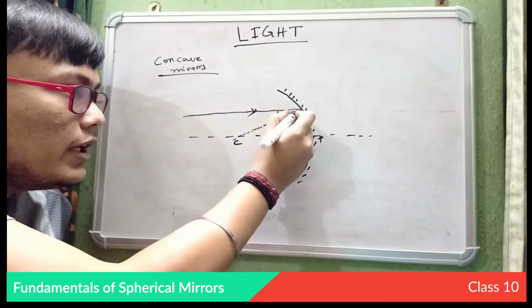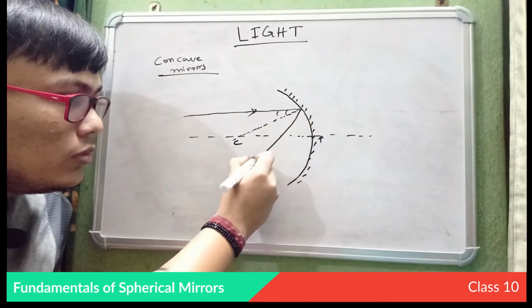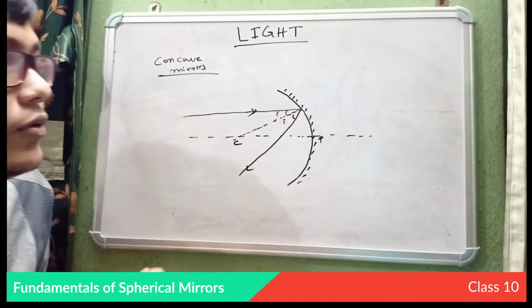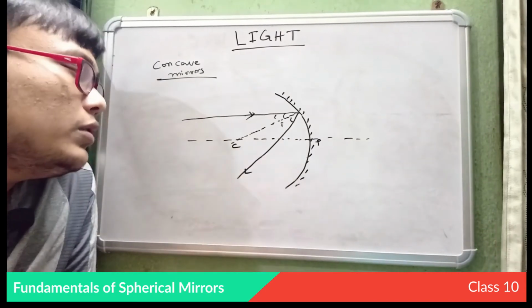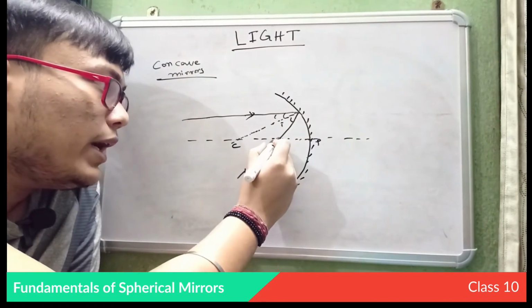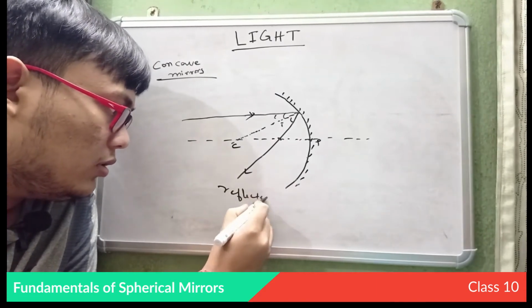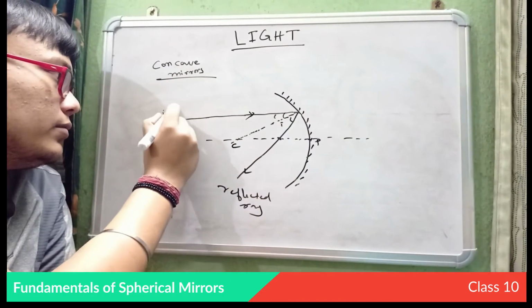This will be reflected. Okay, so this angle will also be I. Okay, so this point where the reflected ray, this is the reflected ray, this is the incident ray.